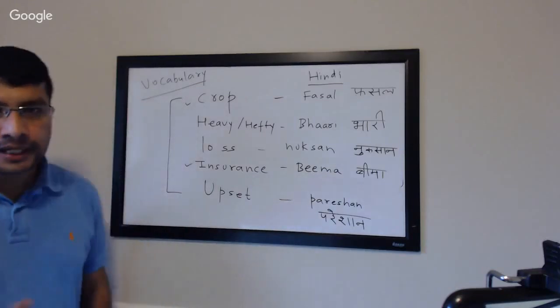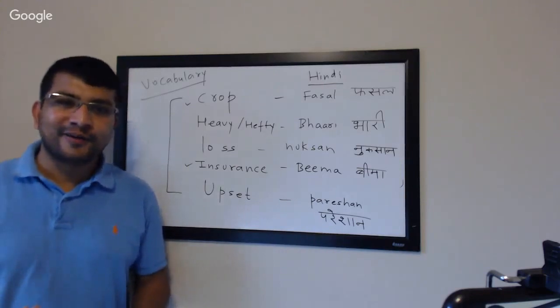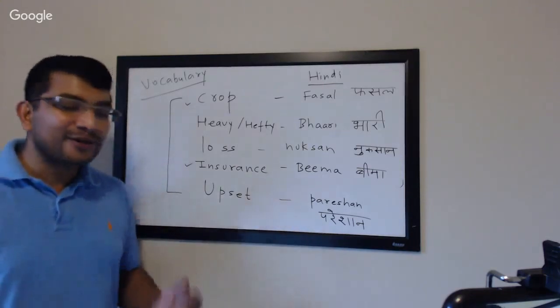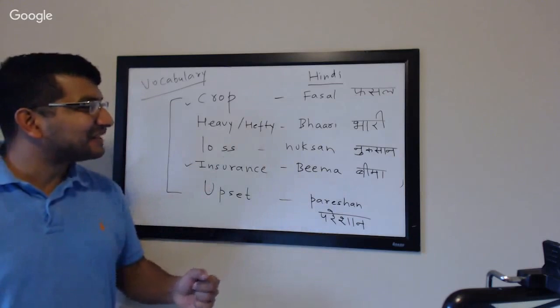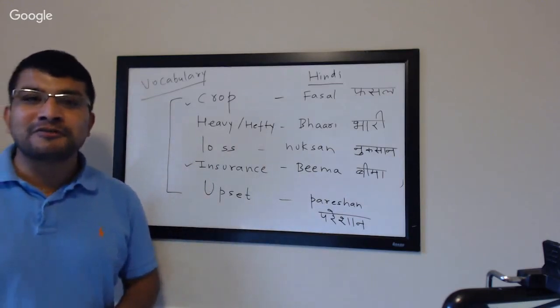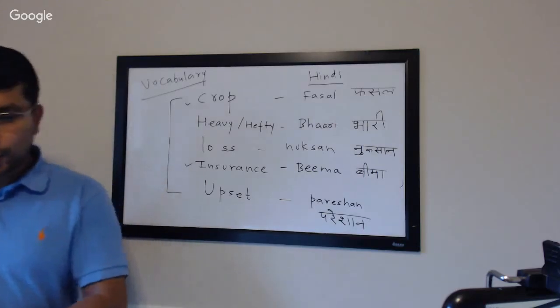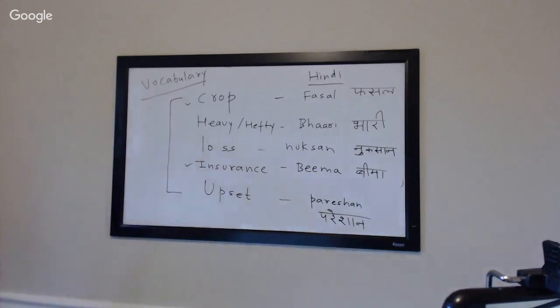That's how you make it. So the story that I have, it took me some time to put it together. It might come across like I'm doing an advertisement of crop insurance, but the whole purpose of the story is to give you the flavors of how to use hua, hui, hue, and hui. Okay, so the different forms of hona. So we'll get started with the story.